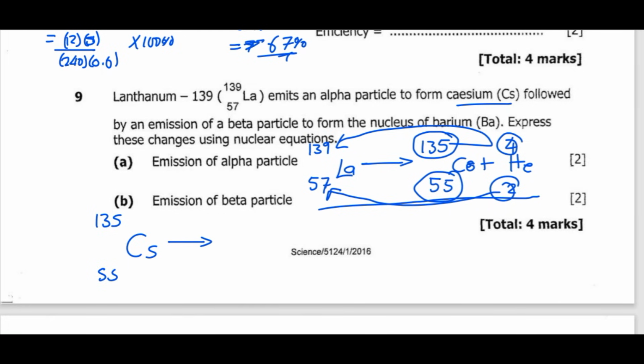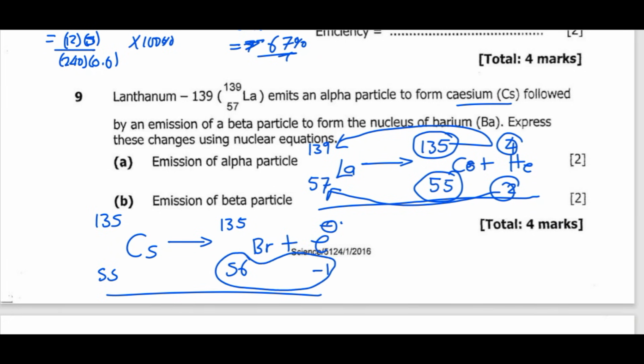The mass number does not change, 135. The atomic number increases by 1, which is we are forming barium plus this. Also, the sum of these two numbers must add up to this.